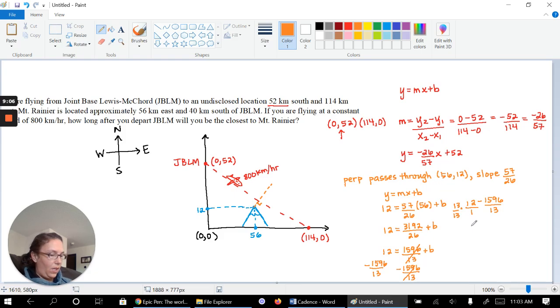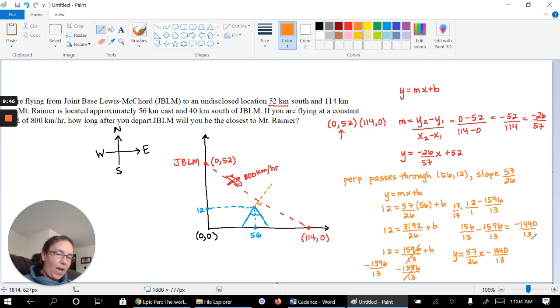So 12 times 13 is 156. So this is 156 over 13 minus 1596 over 13. Now that we have the same denominator, we subtract the numerators and we get negative 1440 over 13. So the final equation of that perpendicular line is y equals, my slope is 57 over 26 times x minus 1440 over 13.